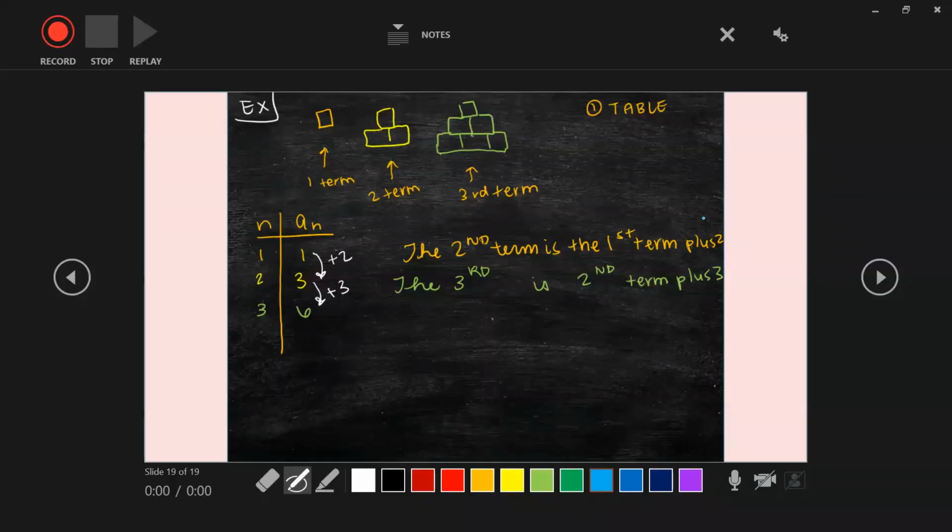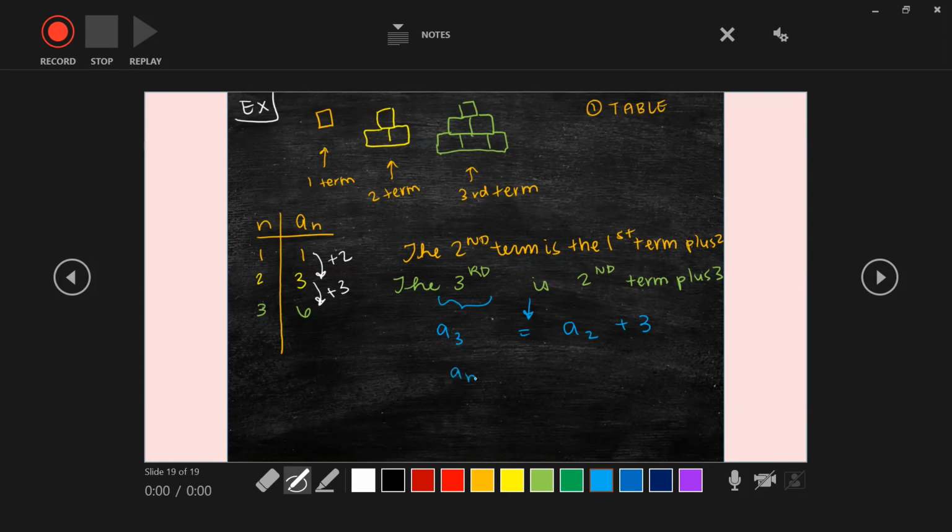Yeah, so it's changing at how much we're increasing it by. So the second term is the first term plus 2. The third term is the second term plus 3. So let's see if we can write that out. Let's say that the third term is the second term plus 3. If we were to go ahead and create an equation out of this, what would we start with on the left-hand side?